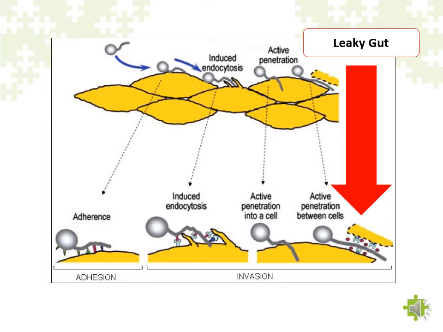We know that Candida can become invasive because it grows a hypha, a root structure, essentially right through the tight junctions of the epithelial cells. But through the production of an enzyme called invasin, it can also become invasive into the epithelial lining as well.